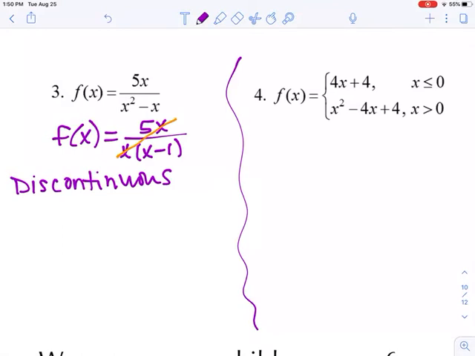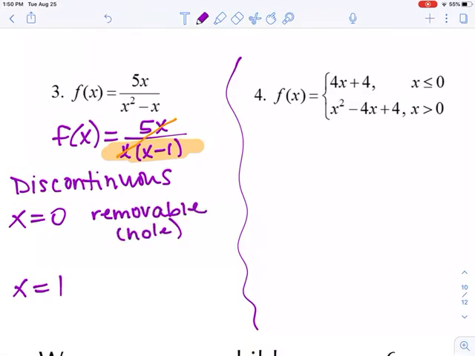We are discontinuous at 2 places. There are 2 places where our denominator is 0. One time at x equals 0 and one time at x equals 1.